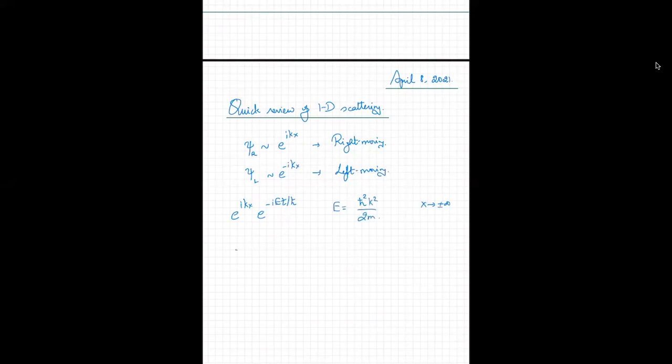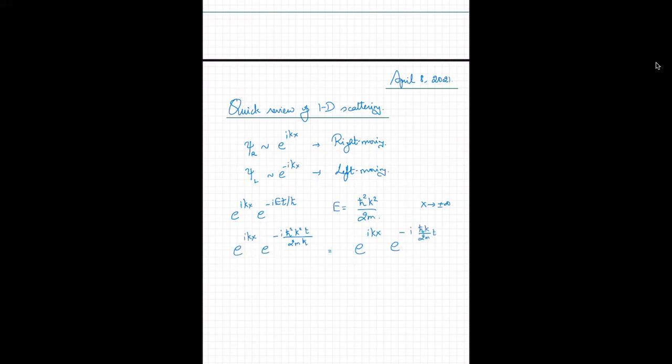So put everything in. For example, the e to the ikx now becomes, with the time dependence tagged on, e to the ikx times e to the minus i h bar k squared t over 2m.